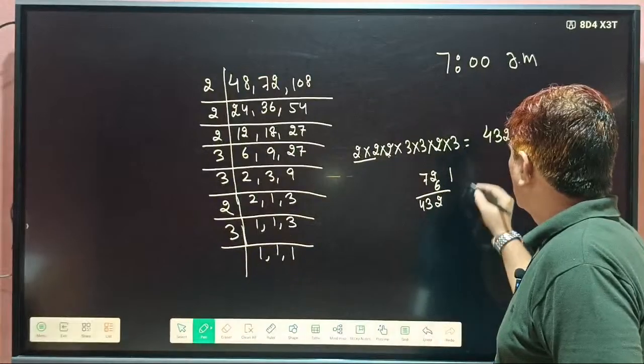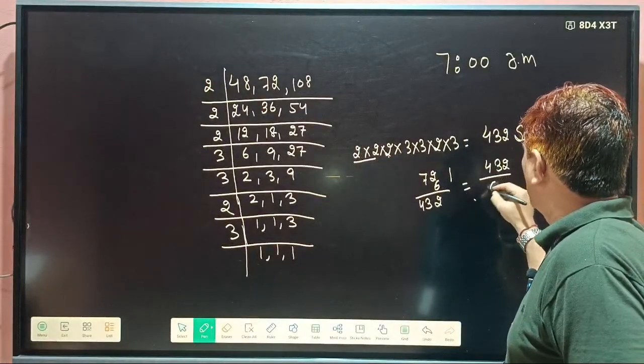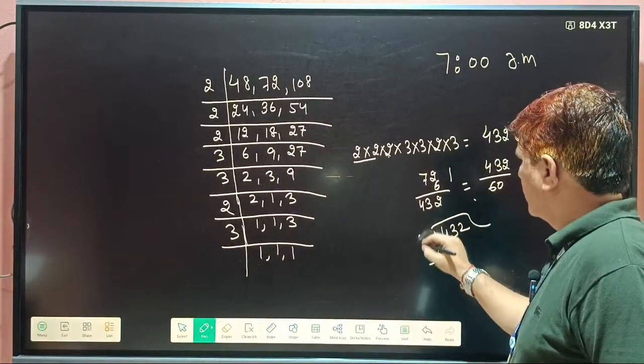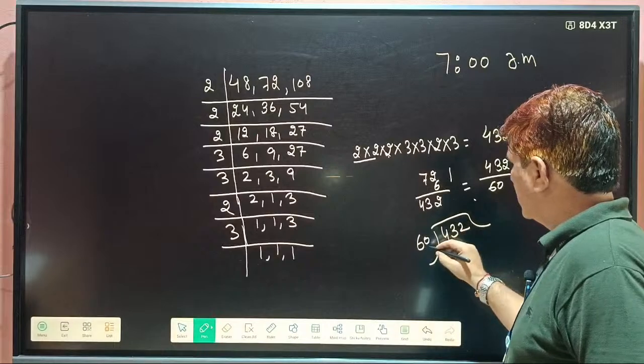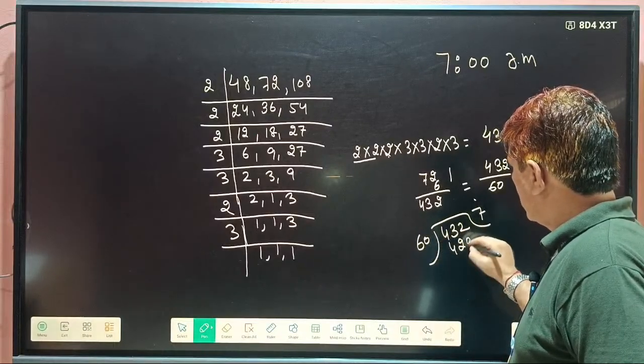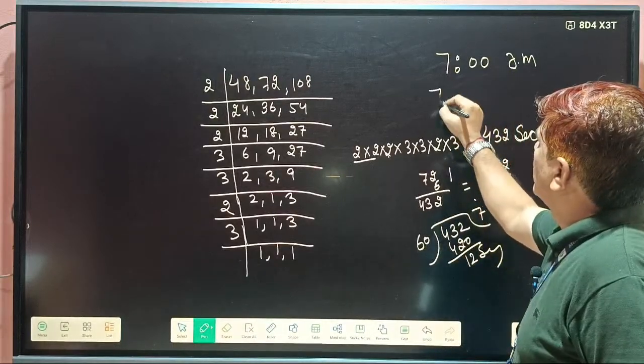If you convert this into minutes, 432 divided by 60 is 7 minutes and 12 seconds.